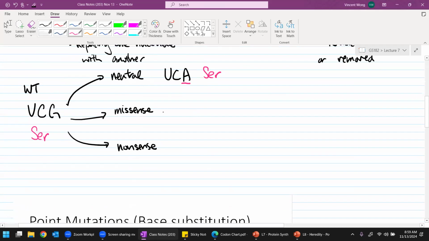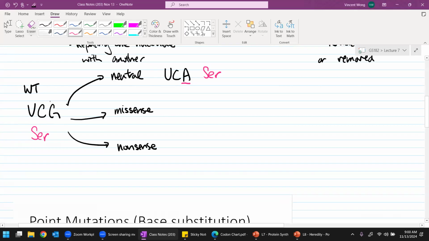Have some sympathy. Next, we have UCG, and we need a missense. Your best bet in creating a missense mutation is to change the first or second one. Okay? For a neutral mutation it is usually the last one. For missense, either the first or the second would be okay. So let's say I change the first one, right?